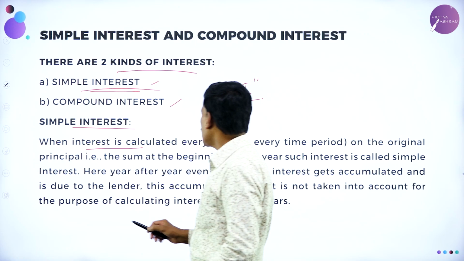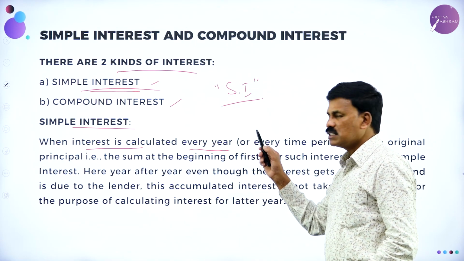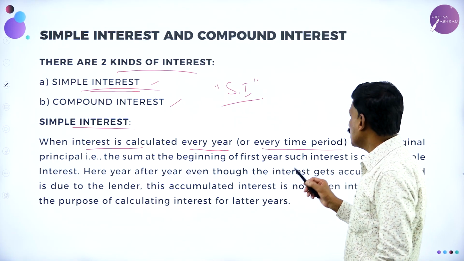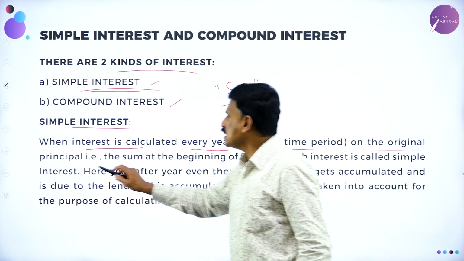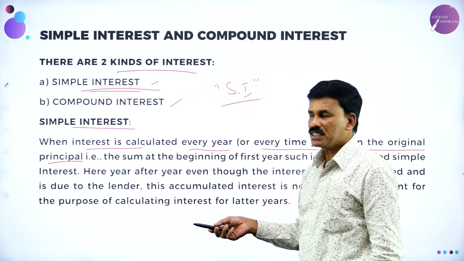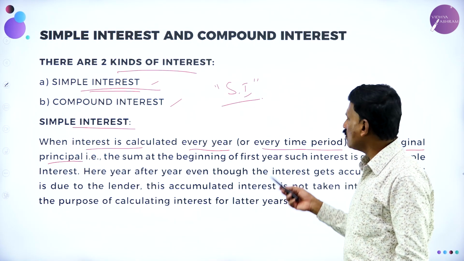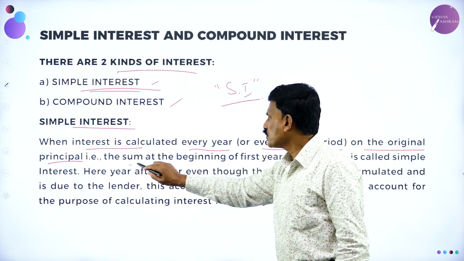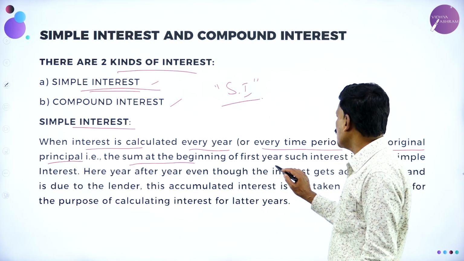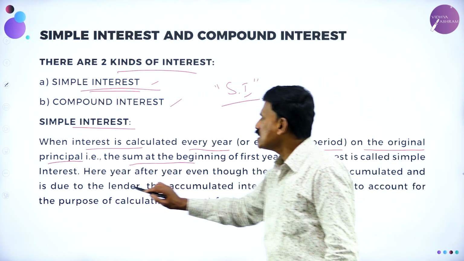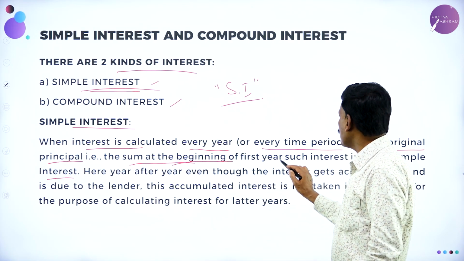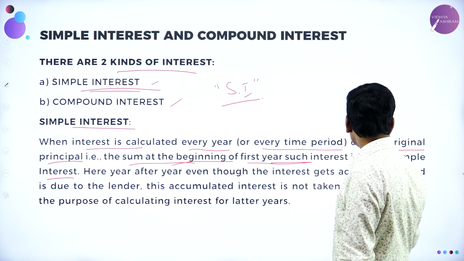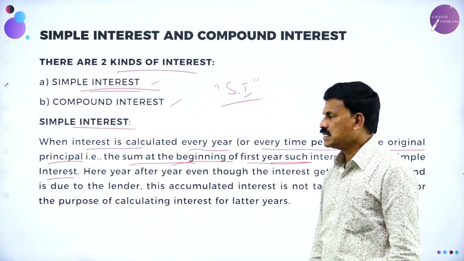When interest is calculated every year, or every time period, on the original principal, that is, the sum at the beginning of the first year, such interest is called the simple interest.